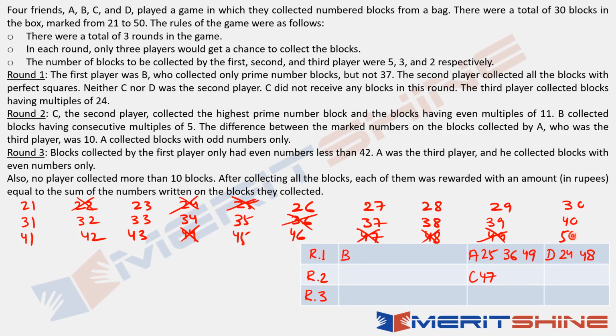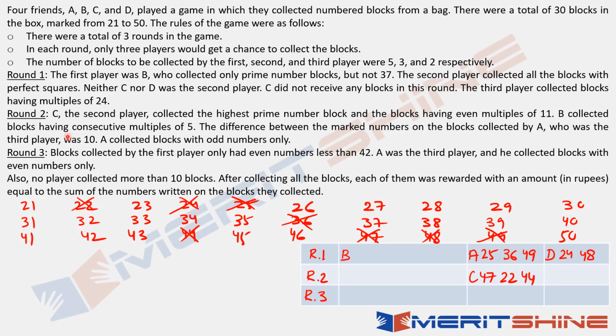You cannot take a 55 like that. So 22 and 44, what would we do? 47 is already there. So we'll write 22 and 44 as well. So it's 3 now. See, second player, these are 3 numbers. What it has also done is reduce the number of prime numbers in this chart of 30, because numbers are reducing. So 47 is already gone, the highest prime number. Blocks having even multiples, this is done.